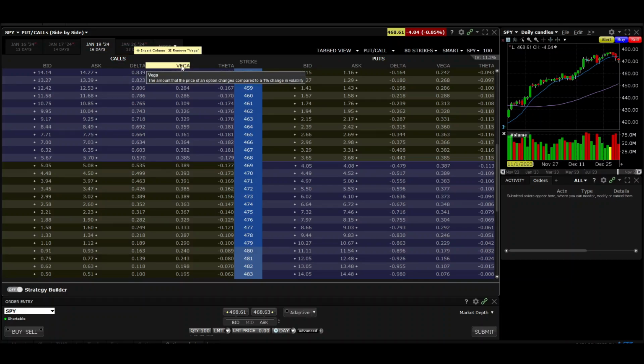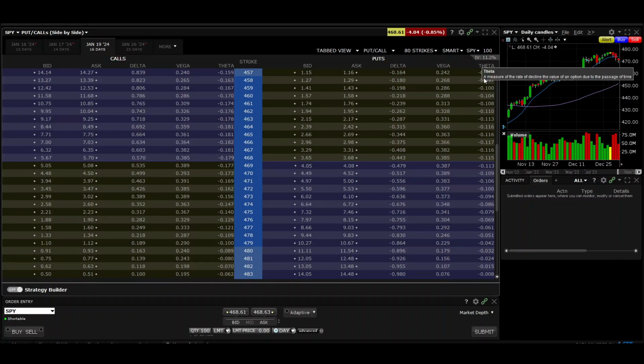Vega represents how much the option value will change for a 1% change in the underlying asset's implied volatility. The implied volatility of SPY is displayed in the upper right corner of the options chain over here. And as you can see, it is currently at 11.2%. Imagine that if a large sell-off happens, the implied volatility will rise, and as a result, options will become more expensive.